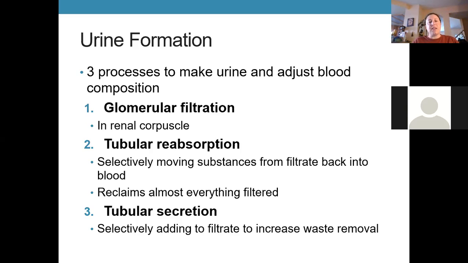So this is where everything that's been filtered out gets reclaimed that we don't want to lose. And then the last step to actually making it urine is tubular secretion, where additional waste products can be added to what's filtered out to get rid of them. So we're going to start with filtration, and then we'll get to what happens in the tubules.